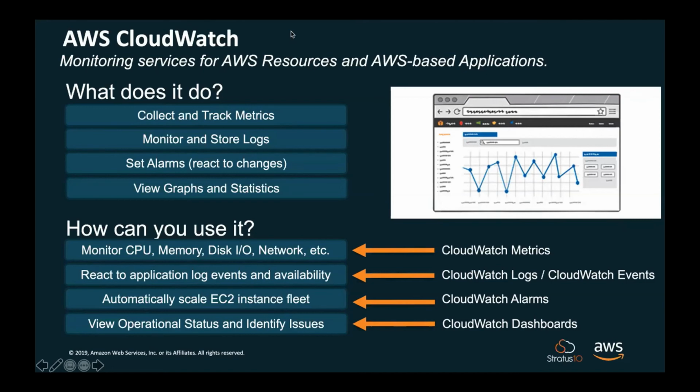Typically, I see a lot of people creating metrics for certain thresholds, like if the CPU of my web servers is above a certain threshold, notify me. But you can also say, hey, if the CPU of my web servers is above a certain threshold, launch a new one or launch 10 more to cover that difference. So it integrates with things like auto scaling and load balancing to help you manage your fleet.